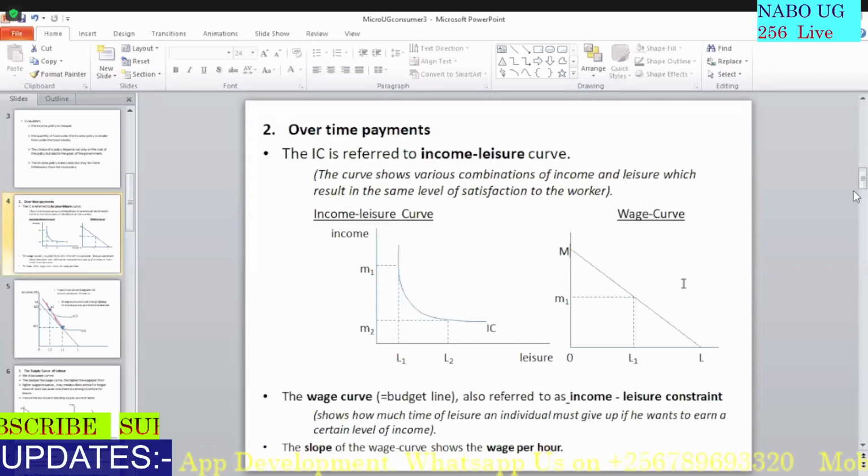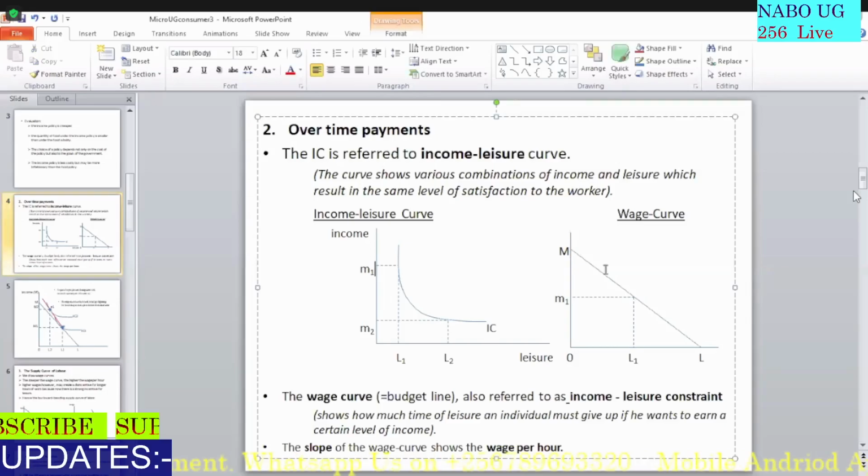The income will be here at M1. Okay, so basically, that is the wage curve. The slope of that curve shows the wage per hour. That's what I'm saying: the steeper the slope, or the steeper the wage curve, the higher the wage per hour.